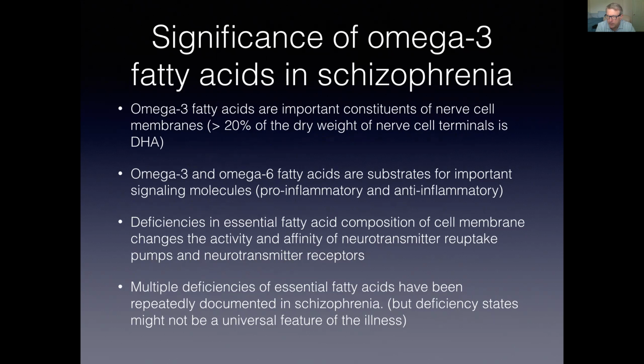So an attractive idea about the fatty acid deficiency hypothesis is that a single deficit can explain multiple facets of illness. A single deficit of omega-3 fatty acids has been shown in animal studies to account for distortions in dopamine, norepinephrine, and serotonin signaling throughout the brain.